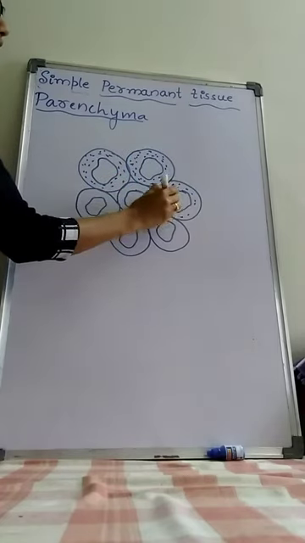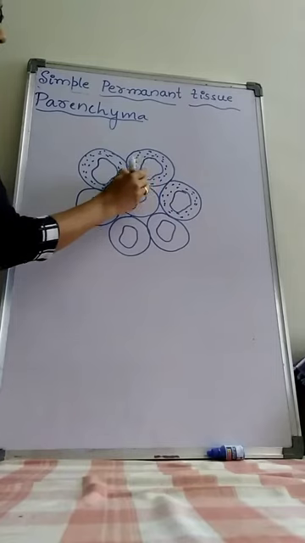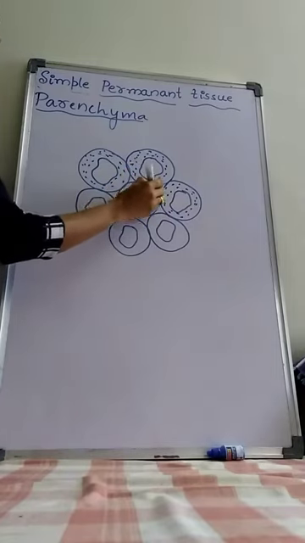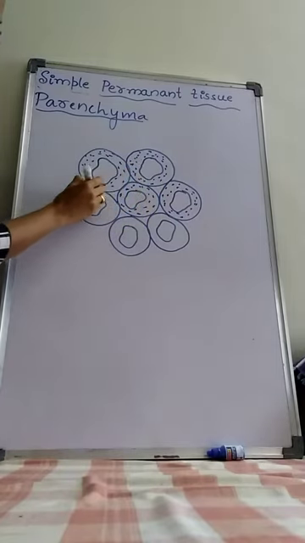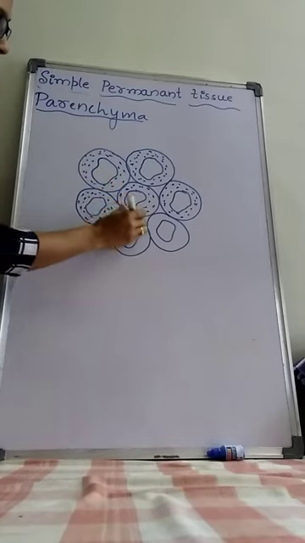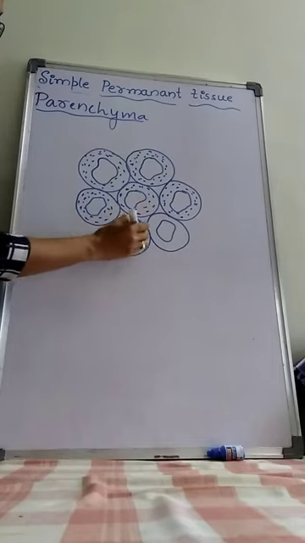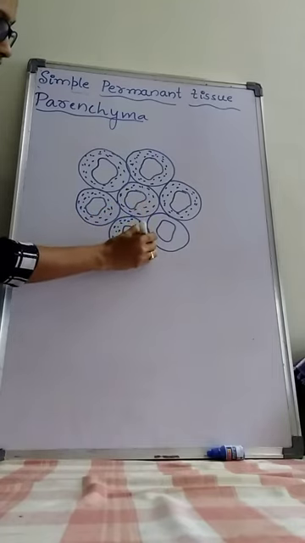Then the nucleus. In parenchyma cells, a centrally located vacuole is present and the nucleus is present at the periphery, at one side.